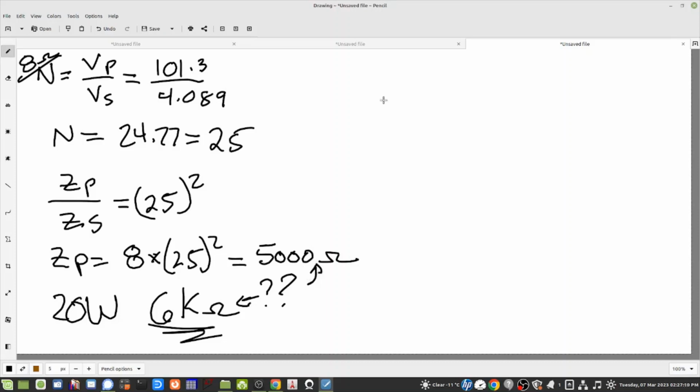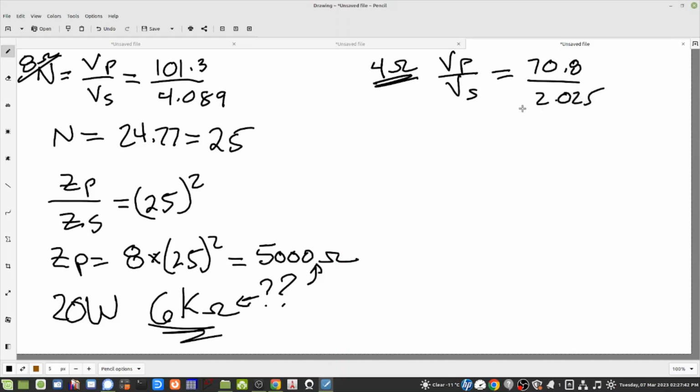So let's try the 4 ohm side, just for the fun of it. On the 4 ohm side, we get the same thing, VP over VS, and in the 4 ohm side, we got 70.8 volts, 70.8 over 2.025.